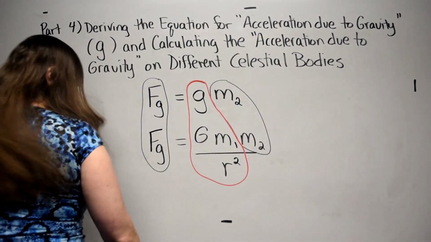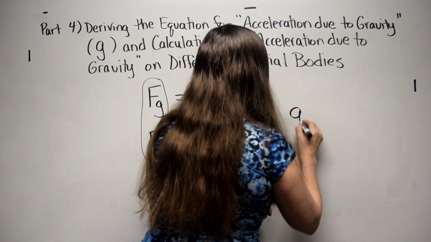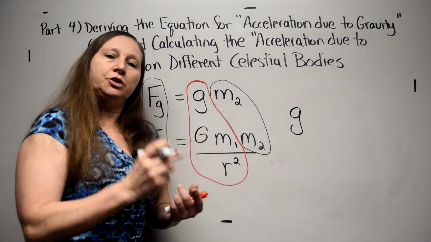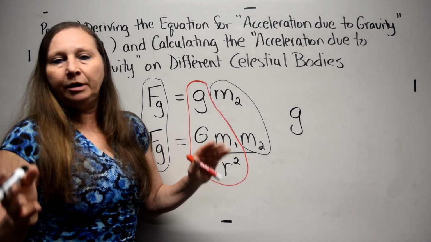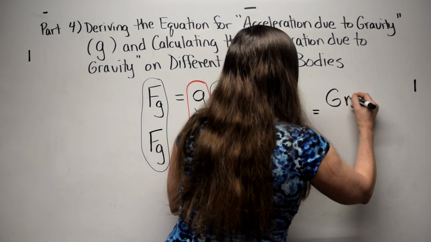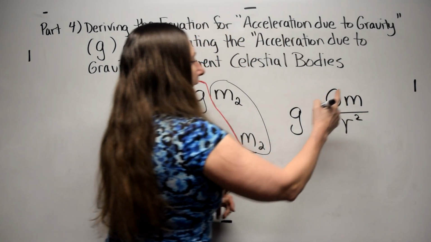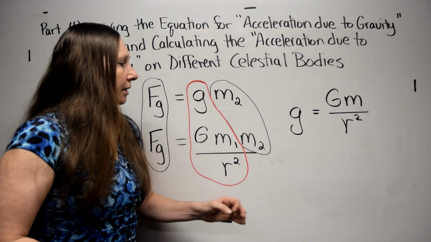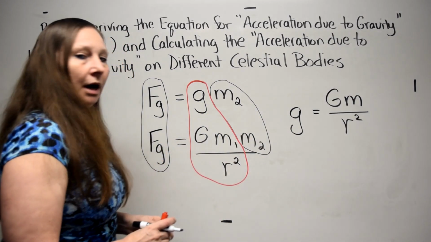So what you find is that little g, the acceleration due to gravity for any celestial body, that would be a star, a planet, a moon, an asteroid, a comet, whatever, is going to be big G m over r squared, where m and r pertain to a specific celestial body, and g is the acceleration due to gravity for that celestial body.